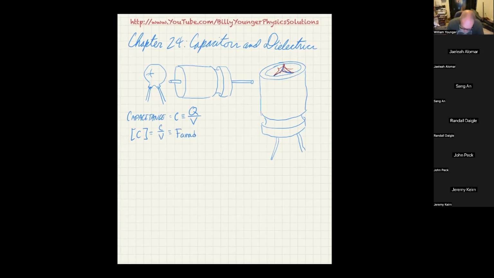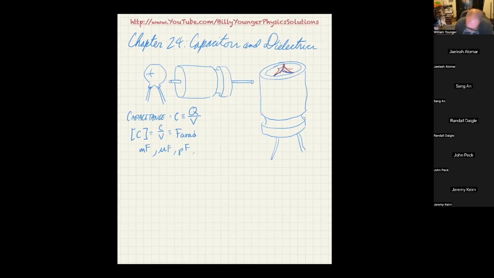The more likely values that you'll run into are millifarads, microfarads, picofarads, stuff like that. I think I've seen one capacitor in my life that was a microfarad that actually had the Greek letter micro on it.